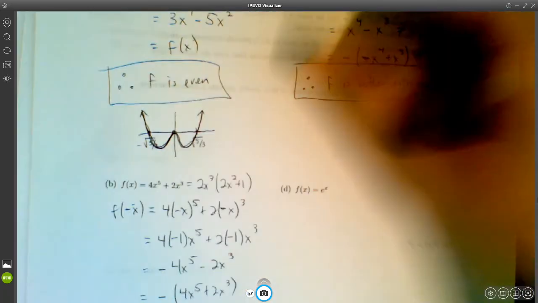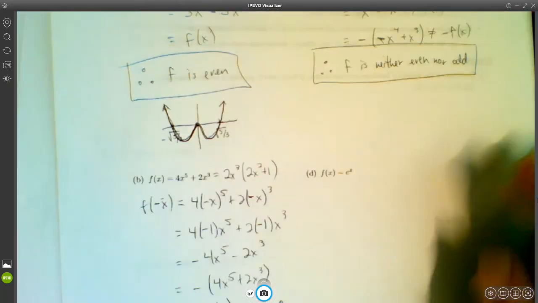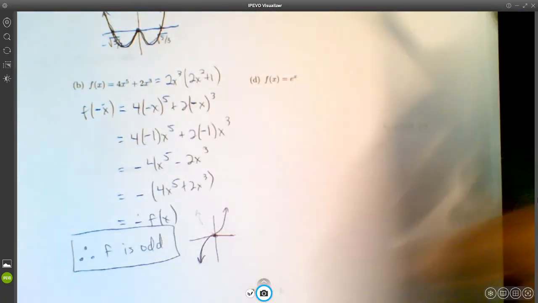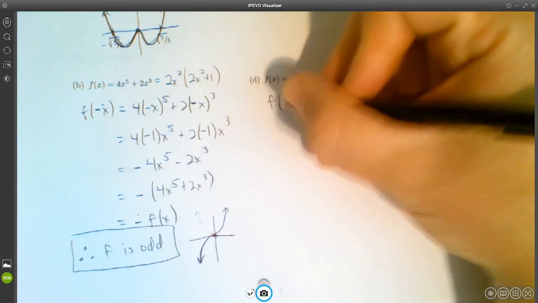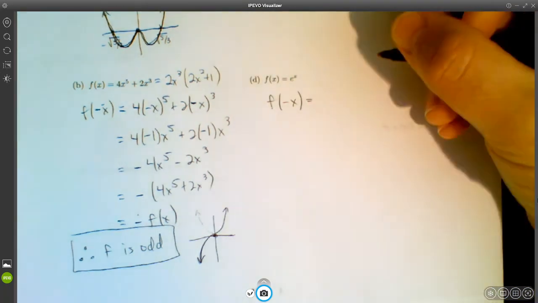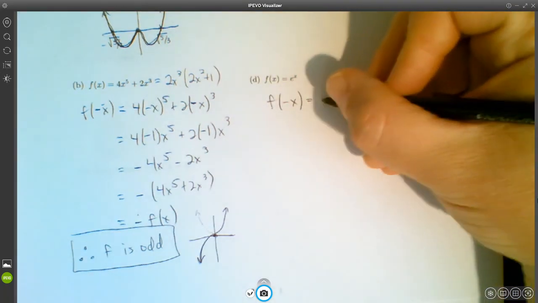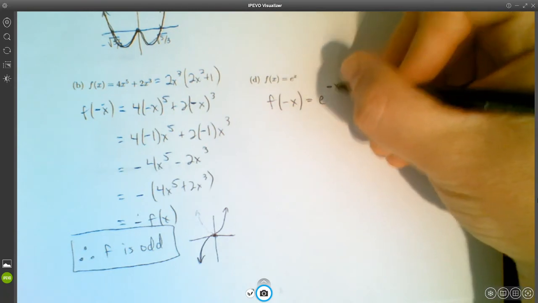But this idea about even and odd functions extends to things that are not polynomials, like the trig functions, right? They still have even and odd properties. And exponentials, right? You could do the same thing. You could say, well, what is f of negative x? Is this an even function, an odd function, or neither? f of negative x would be e to the negative x.